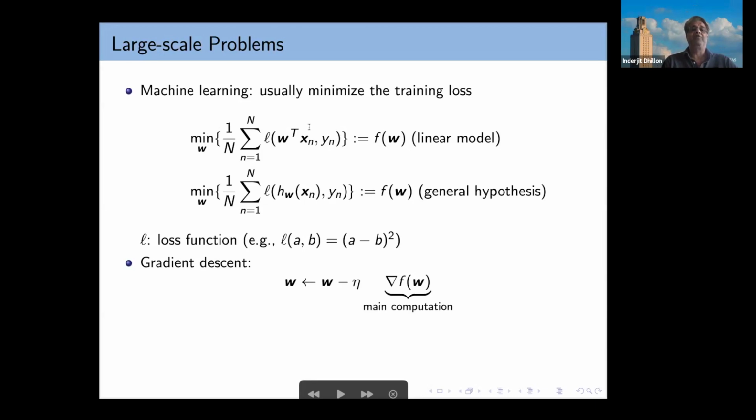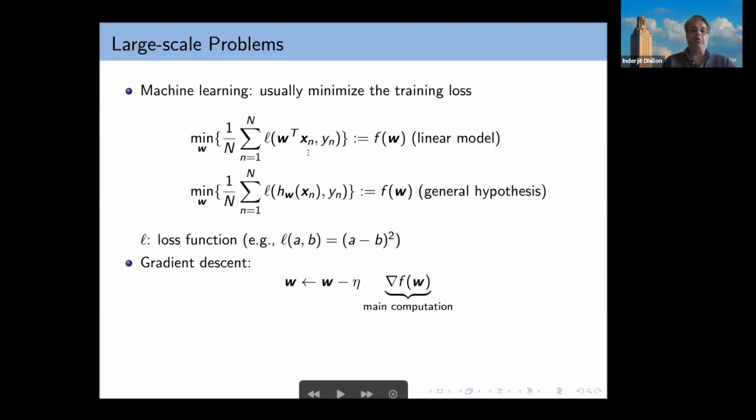And this loss is then averaged over all the training points. The training points here are indexed as xn, yn. So it has this form where you have an average over all n training points, and then you have a loss for each of the training data.